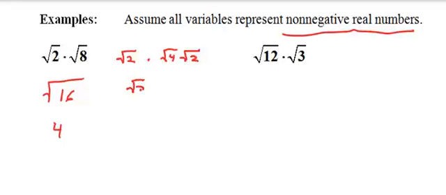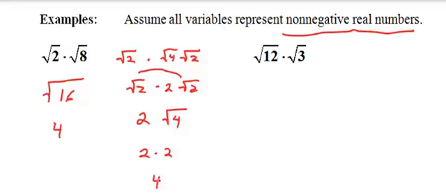So that's the square root of 2 times 2 square root of 2. And now I multiply and I get 2. And now I'm going to push together the two radicals and say it's the square root of 4. And hey, that's a 2. So we get 2 times 2, and that's 4. Look at all the work I did. If I multiply first, it's faster.